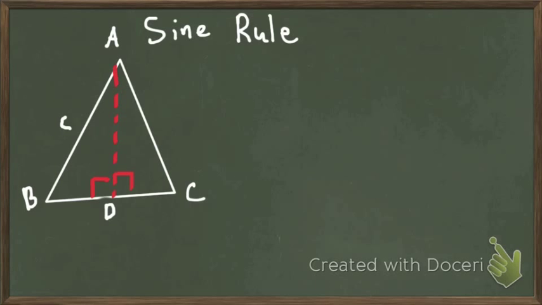So opposite vertex C would be line segment little c, opposite here would be little b, and the whole bottom length here is going to be little a.